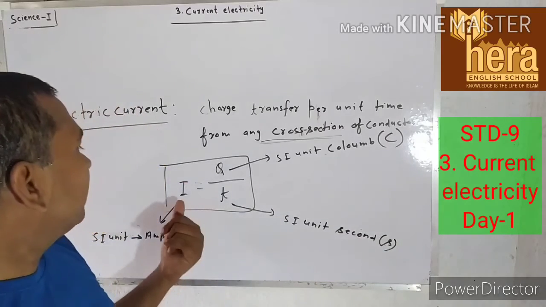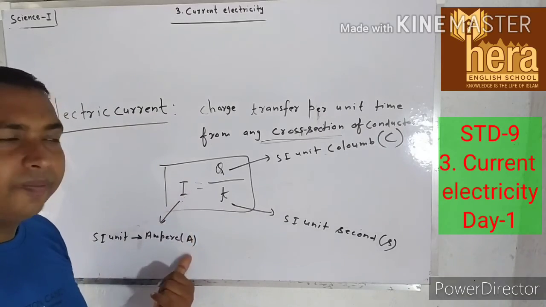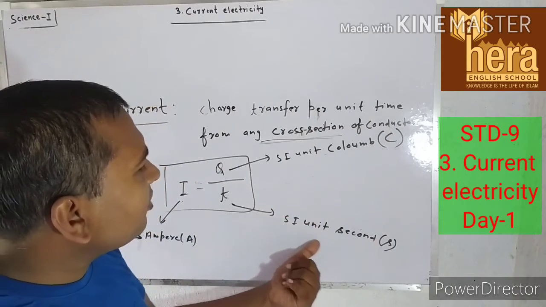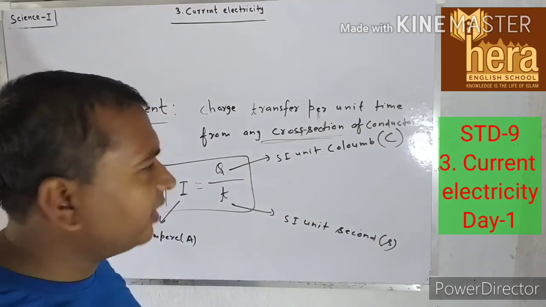So we measure electric current in ampere, charge in coulomb, and the SI unit of time is second.